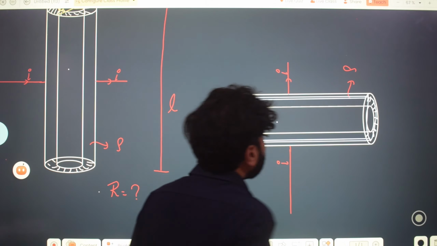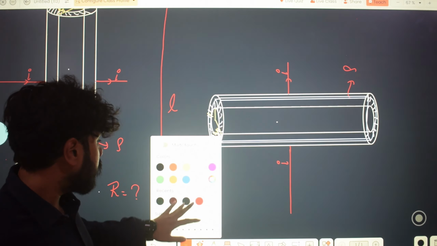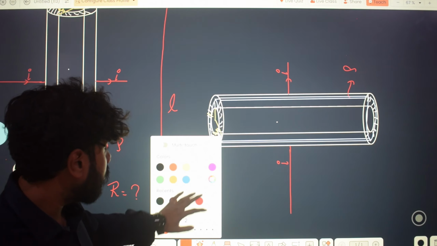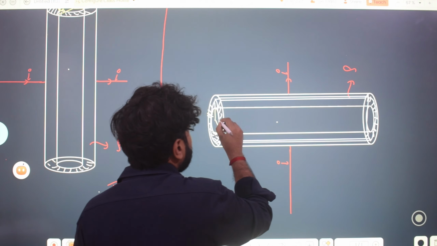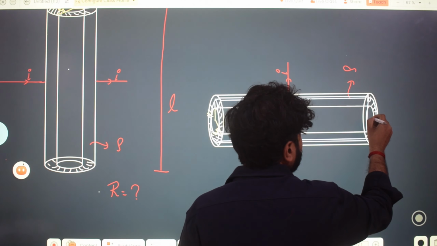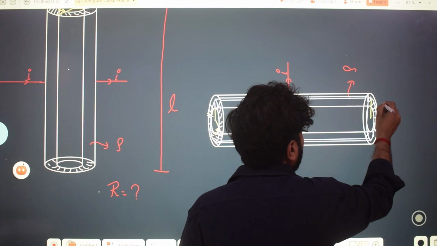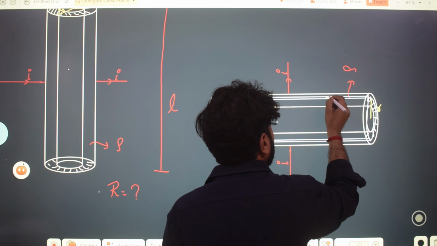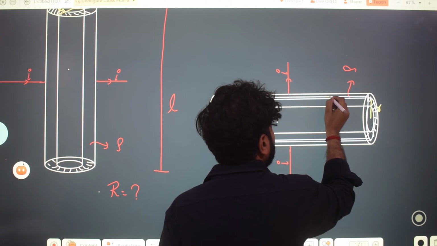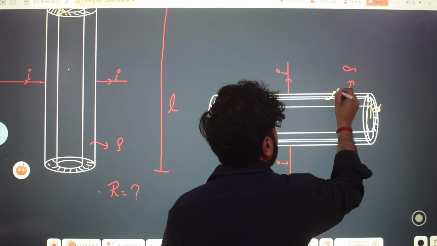So you can solve this question. Like I told you, assume that current is uniformly distributed. So let's say the radius of this section is r, and the thickness of this cylinder is dr.